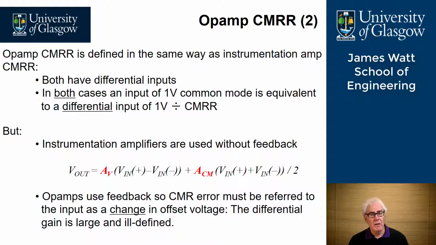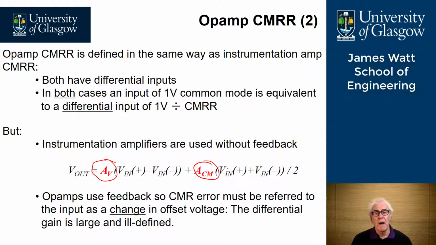They are fixed gain of 100 or 1000 times. If we look at the equation for a differential amplifier, the output voltage is the differential gain of the instrumentation amplifier times the differential signal appearing at the input, plus a common mode gain multiplied by the average voltage appearing at the inputs.